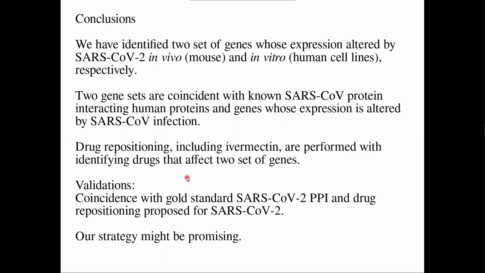Finally, we have made two comparisons with gold standard datasets. One is coincidence with SARS-CoV-2 PPI, and the second is the drug repositioning proposed for SARS-CoV-2. Based upon that, we can conclude our strategy might be a promising procedure to identify drugs which are effective for COVID-19 treatment. Thank you very much for your interest.